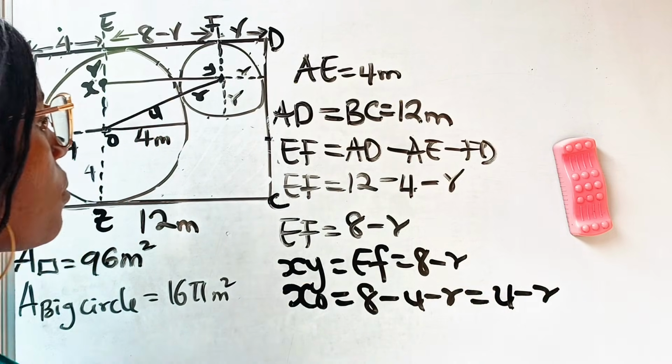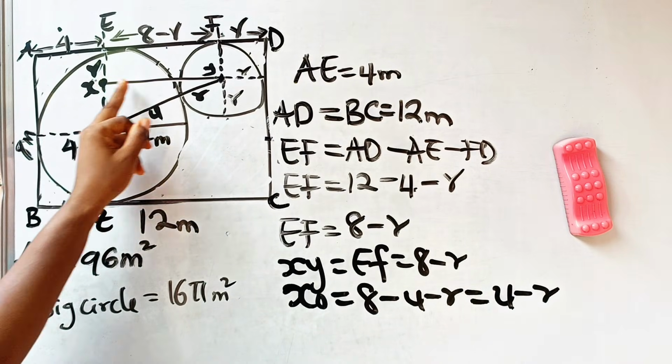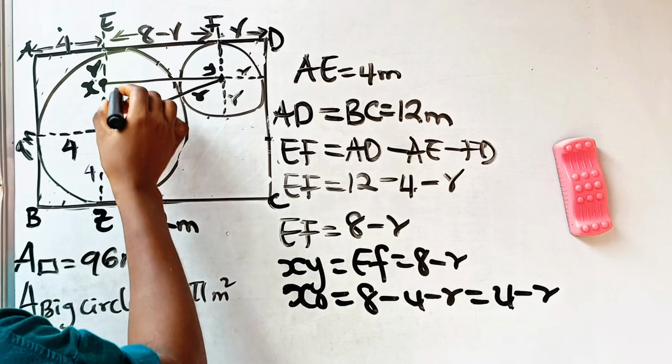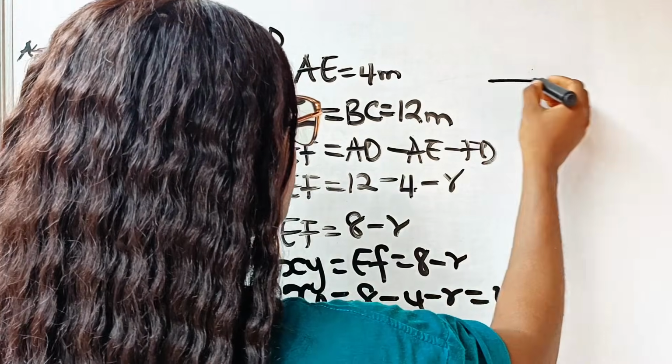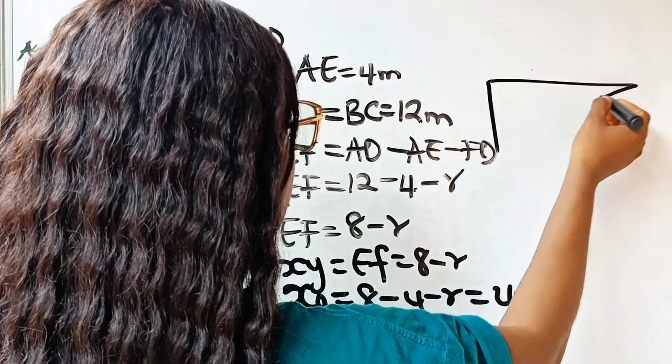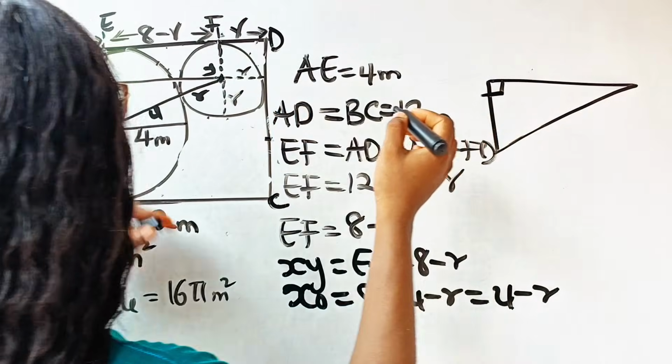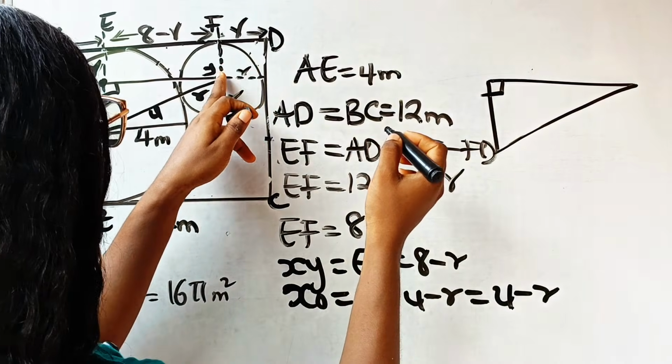4 minus R. Now let us draw this right angle out, because this is actually a right angle. So if we draw it out, we are going to have something like this. We have X and Y, right?